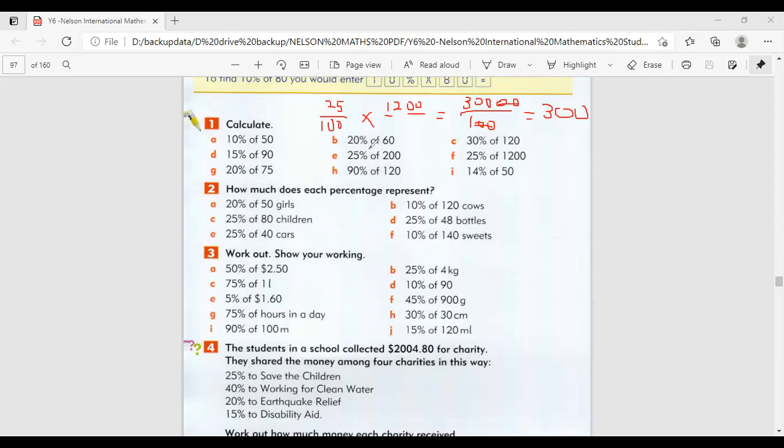Okay? I'm going to answer another one in question 2. One example in it, and you can answer the rest by yourself. So let's do this one. 25 over 100 times 48.